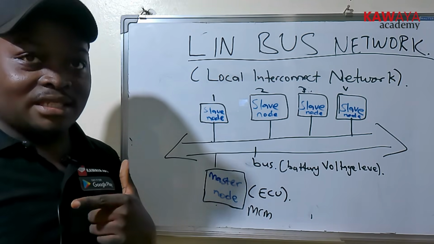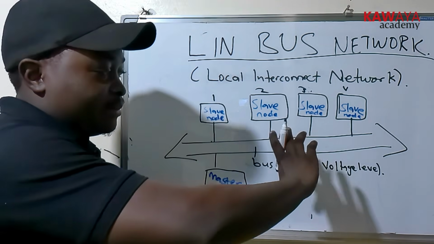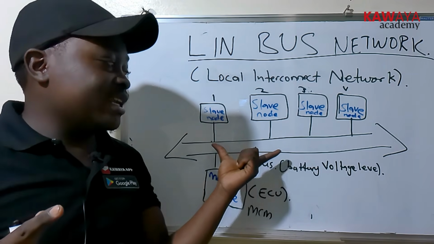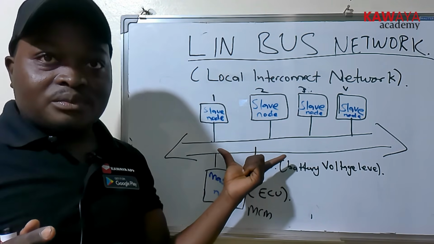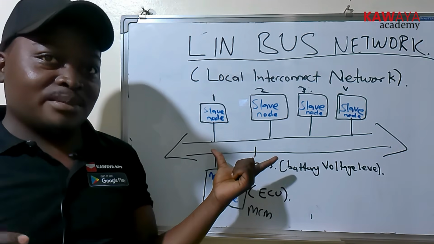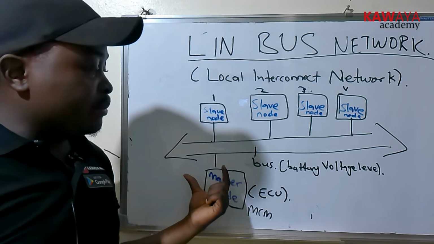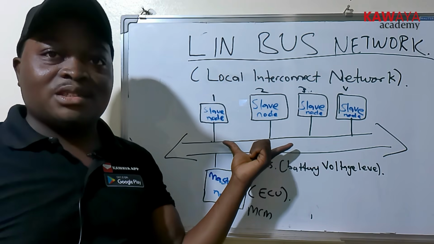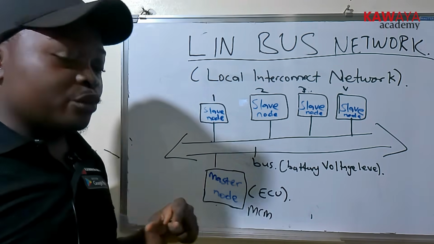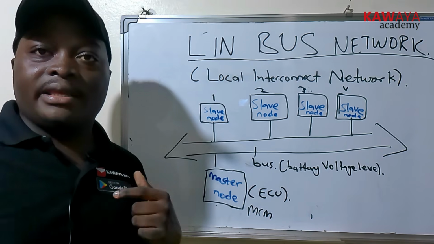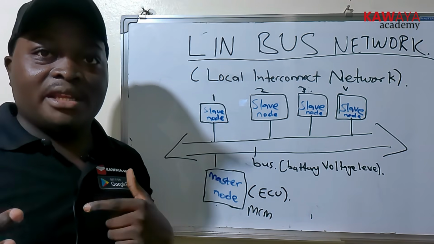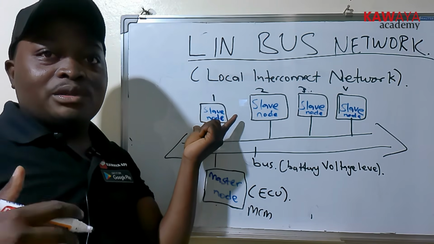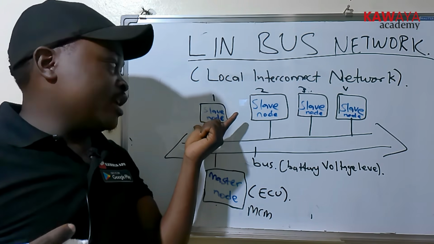Now, how is the message sent? As you can see in the LIN bus, we have one single wire that transmits data, and this wire basically has a battery voltage signal, which is 12 volts maybe, or 24. So when you switch, 24 or 12 volts activate in this wire. If you switch on the button, the mirror is going to receive 12 volts, and it will either go up or down.